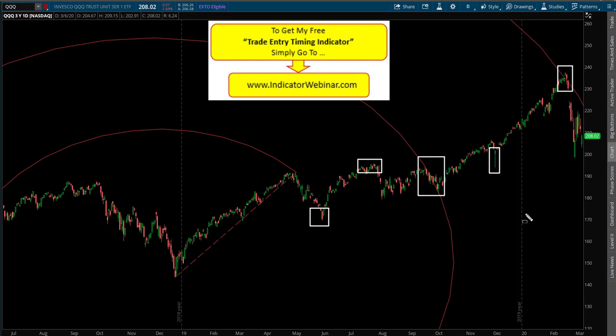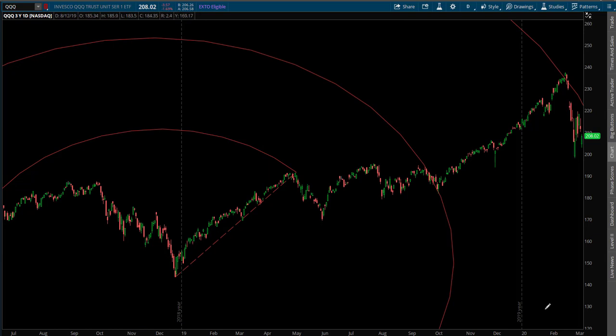Now, the other thing that I will point out while we're on it is if you wanted to capture more swing highs and lows, then you use a smaller scale. What I mean by that is that one of the reasons this only caught two major swings in the market, well, one major one and one minor one, is that we drew the low to the high from such a long period of time.